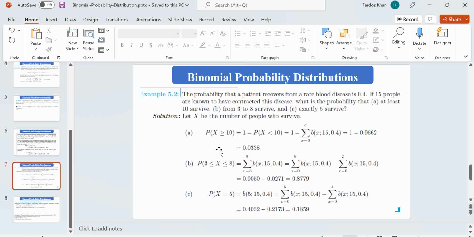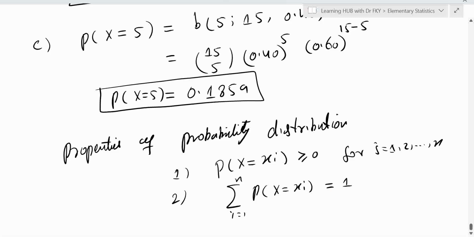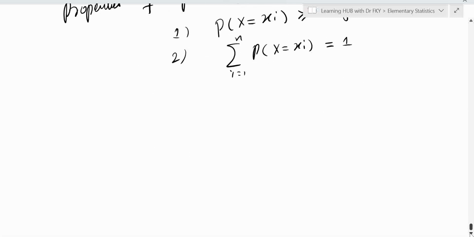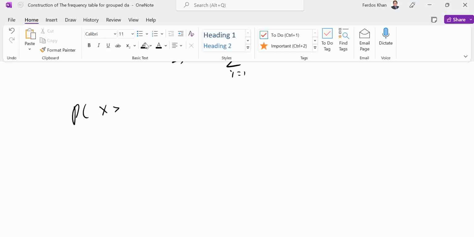They're asking about the probability that at least 10 will recover. At least 10 means from 10 to 15 because the maximum is 15. So you can use this rule, that for all values, I will write right here how you can solve this part. This means that using the second property, the probability of x greater than, I will write like this.